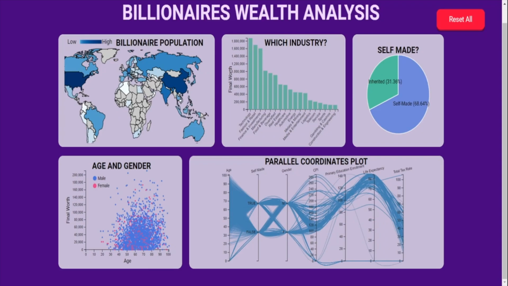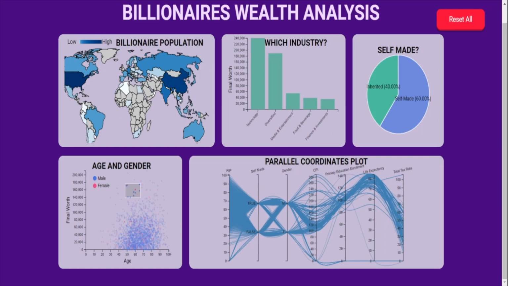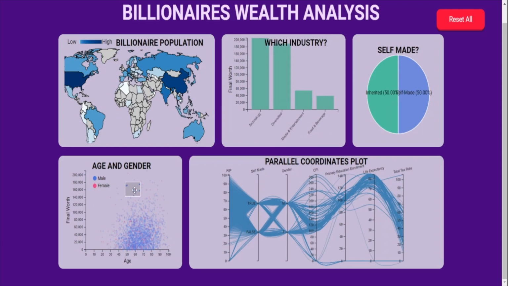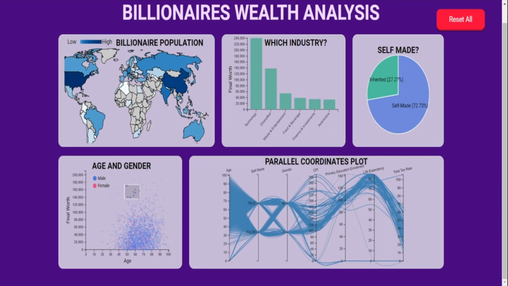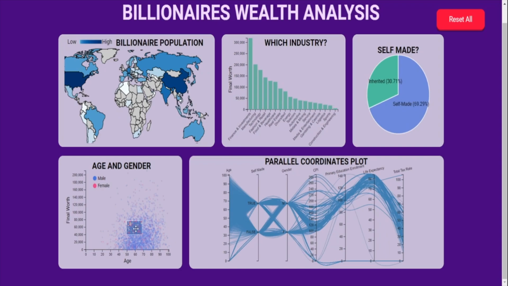For example, if I choose a relatively older age group, like 50 to 70 years, and I want to analyze a particular sector like finance and investments, keeping the age constant, if I reduce the net worth, I'm able to see that the number of billionaires who work in the finance and investments industry increases. So this is another analysis that we can do using the scatter plot.